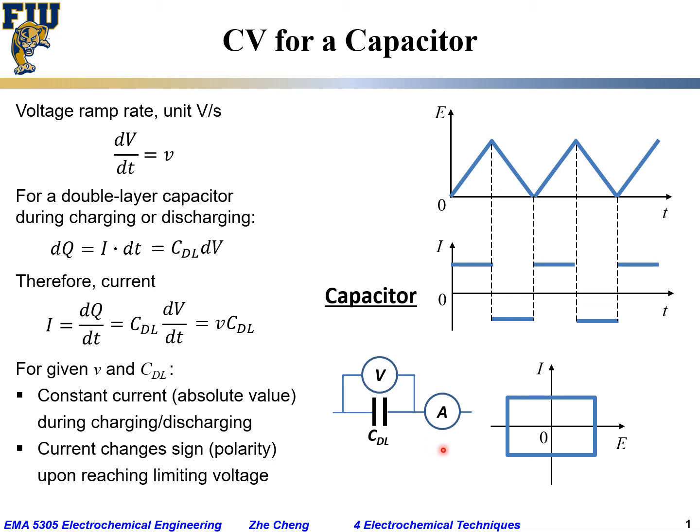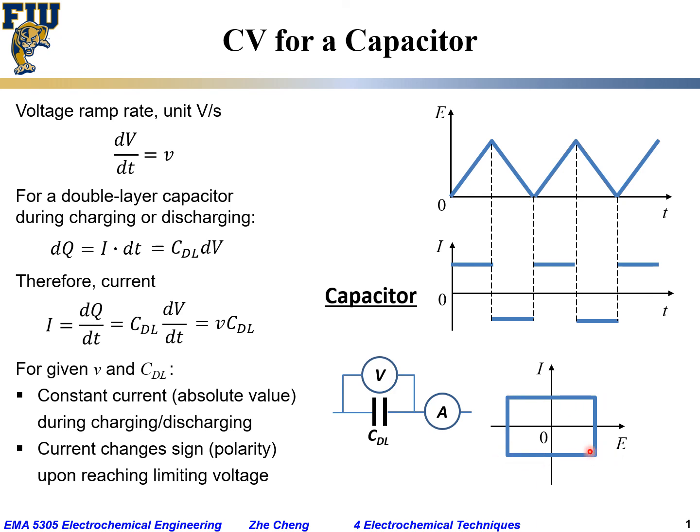Okay, so if we plot, similarly as before, current versus potential to get the CV curve, the cyclic voltammogram, current versus potential graph, we would have essentially, under the ideal case, a square.